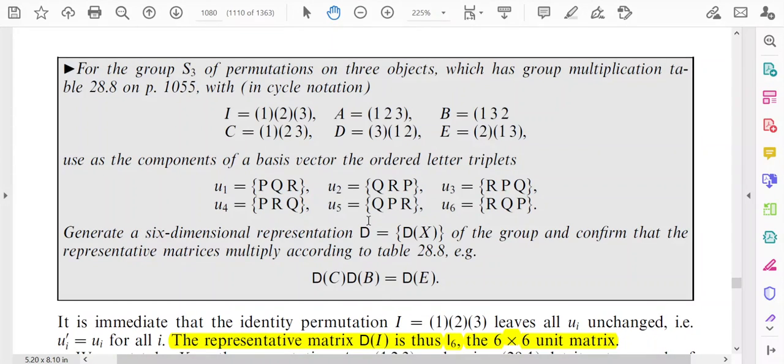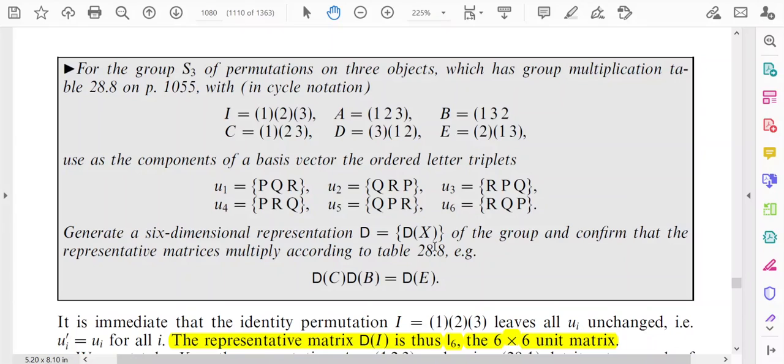In the earlier lecture, I discussed the representation of matrices, and I think you have listened to that lecture. In that lecture, we discussed an example of the permutation group, and for that particular permutation group we obtained the representation matrices D, the set of matrices D(X).